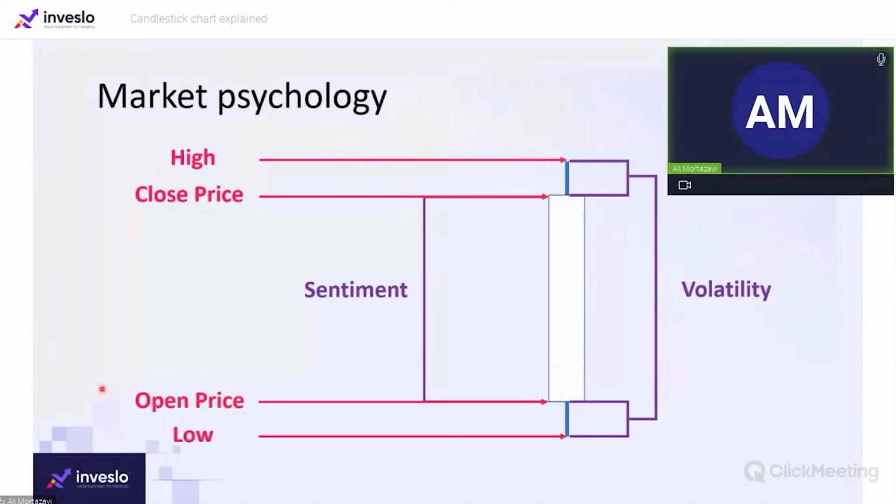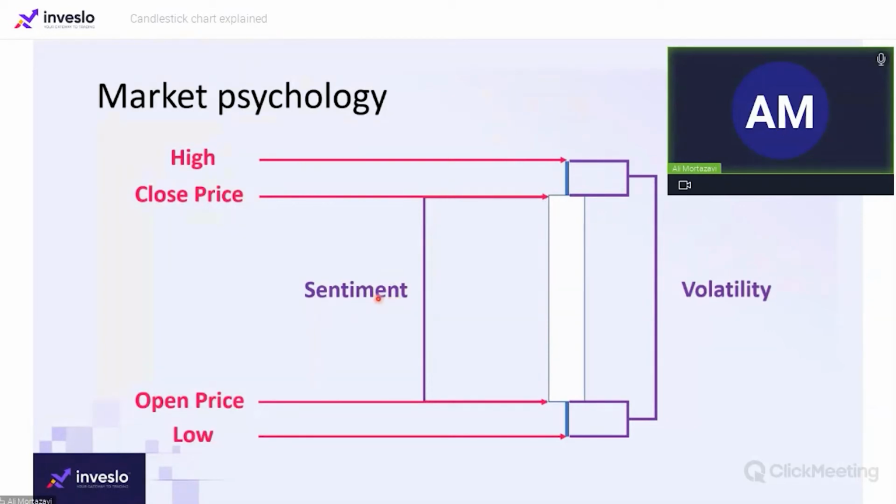In that case, we can use this rectangle, the body, to identify the sentiment of the market. The market could be on an up run or rally when buyers are in control, and could also be bearish, in correction or in a crash, when sellers are in control.